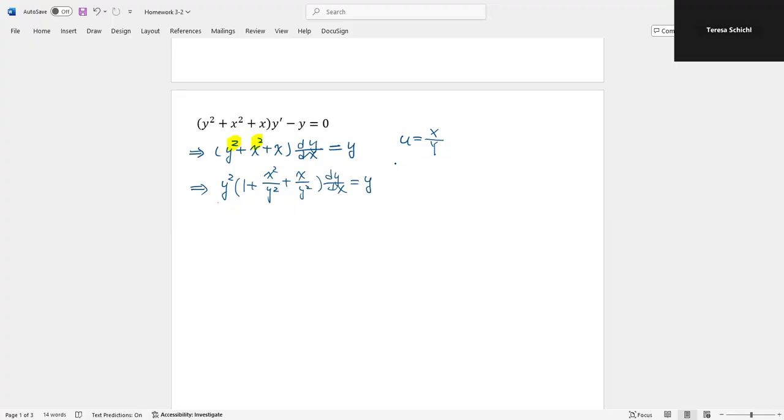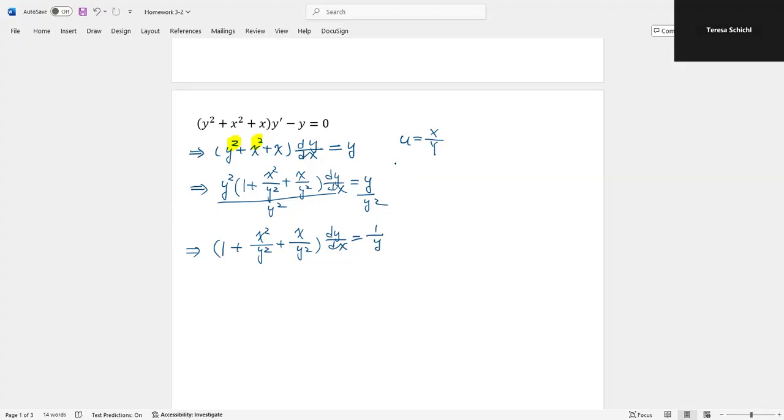Now I divide both sides by y squared, and after dividing I have 1 plus x squared over y squared plus x over y squared, times dy/dx, equal to 1 over y.